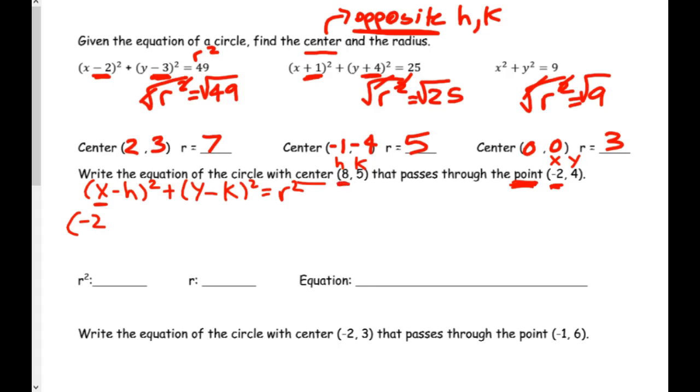What's the opposite of a positive 8? -8 squared plus, okay, what's my y value over here? Okay, but the x and y's are normal. These are not opposite. So it's going to be a regular 4, but my k is going to be opposite. The opposite of 5 is -5.